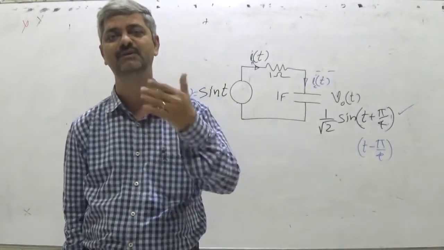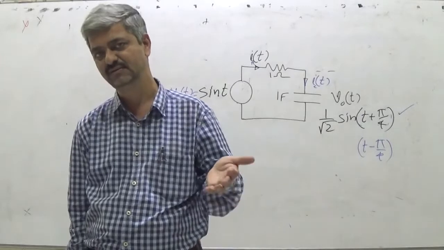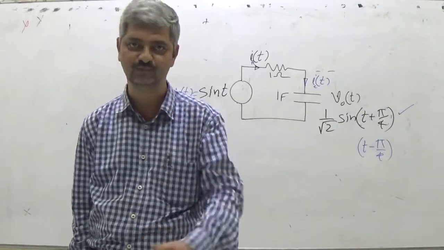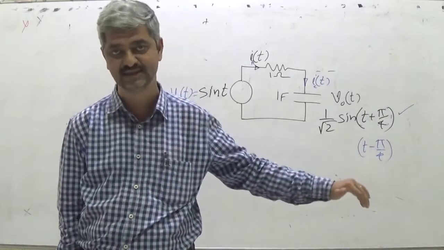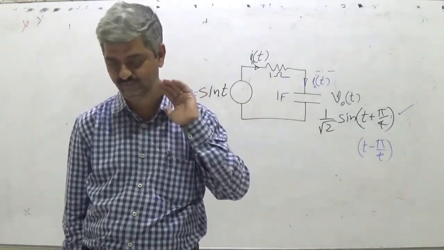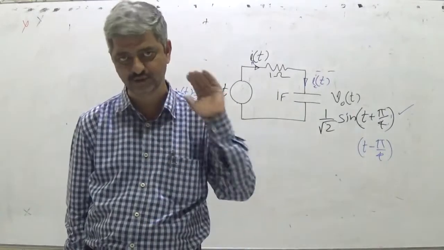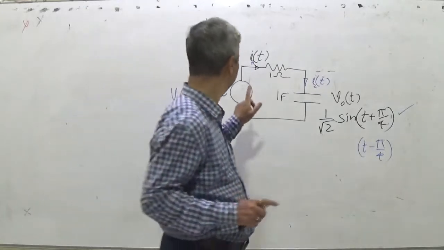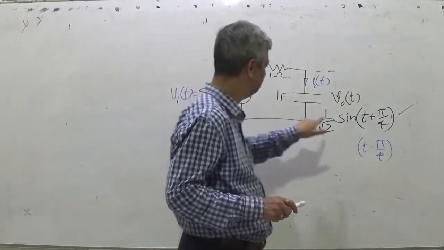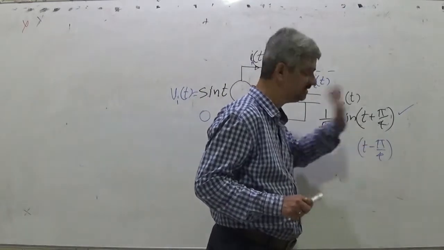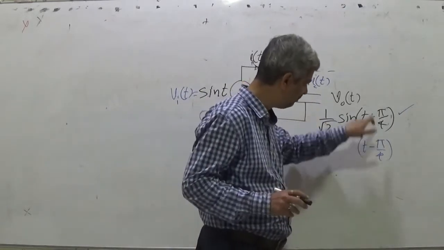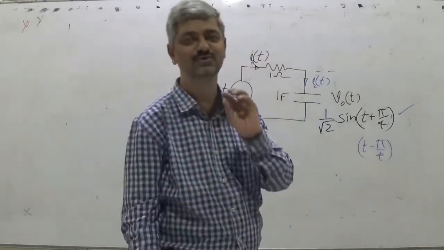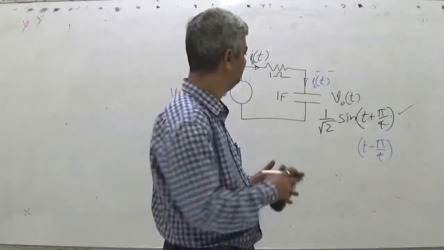The only thing is that it would be very tedious and you are required to work rigorously to find the answers in an AC circuit, where we have either R, L or C and a sinusoidal input. So the output is 1 by root 2 sin t plus pi by 4, let us say. Plus or minus, you find out exactly. I am giving you this as an exercise.